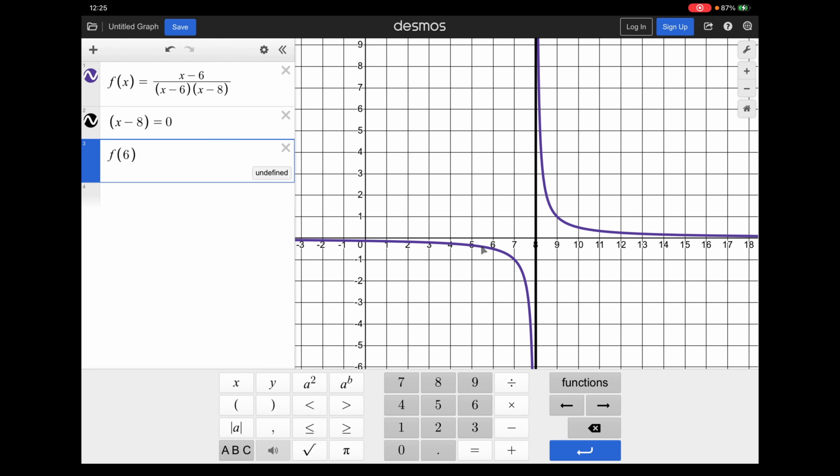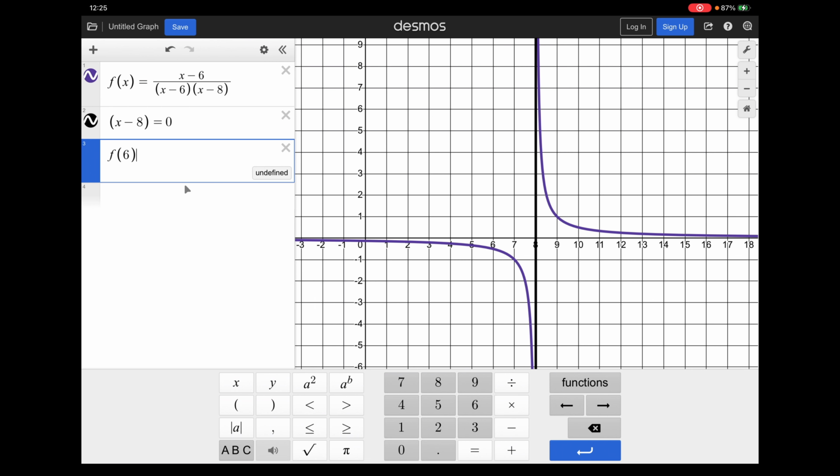So it's a little misleading that it looks like it's continuous and connected right here at 6. But when I plug in 6, I see that I don't have an output value. It's undefined. So there's no output result of that. This is the reason why this 6 is not part of the domain. So just because a number gets excluded from the domain doesn't automatically mean that we have a vertical asymptote in that location, like I mentioned earlier.